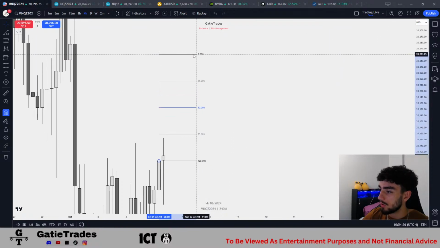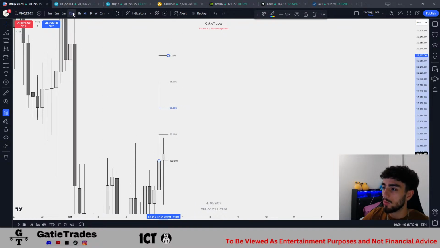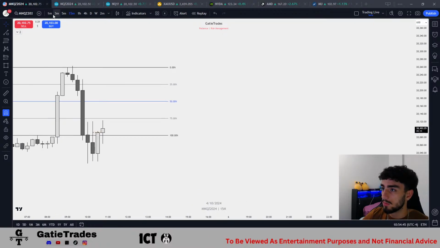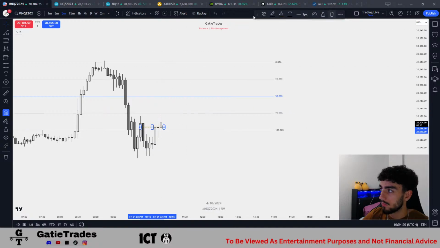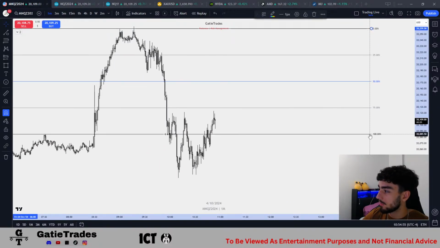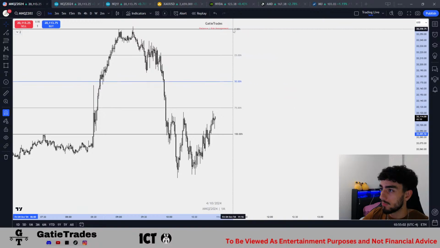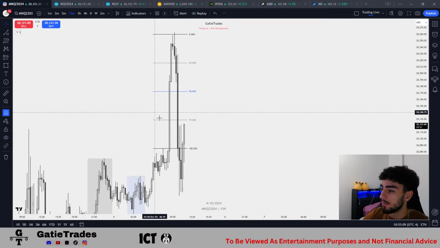All right, these are the quadrants of the 4-hour wick. I'll probably be just watching this. See if we can get into 25%. How we react at 25%, right?